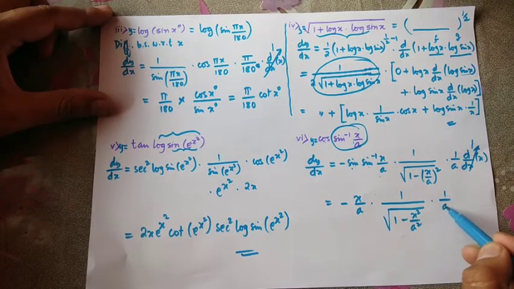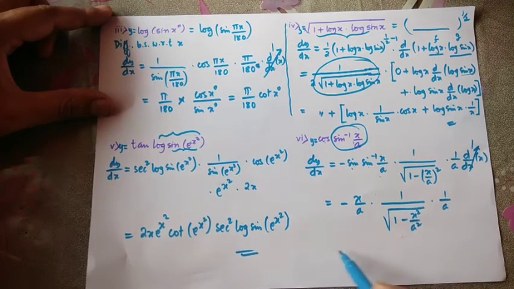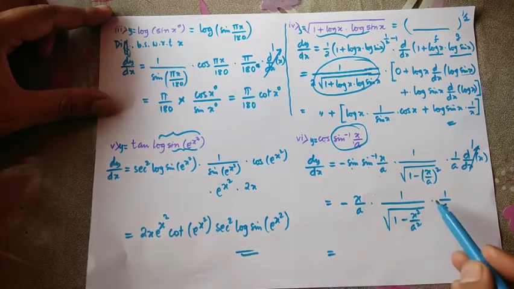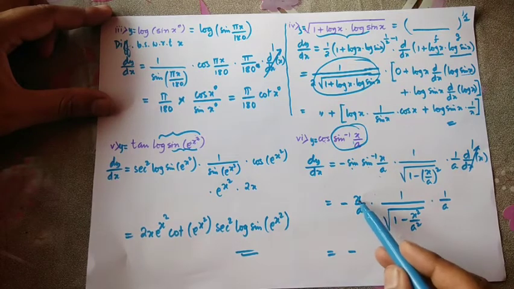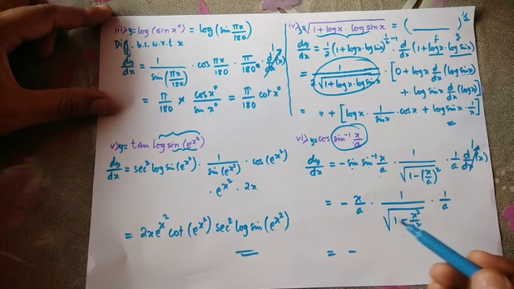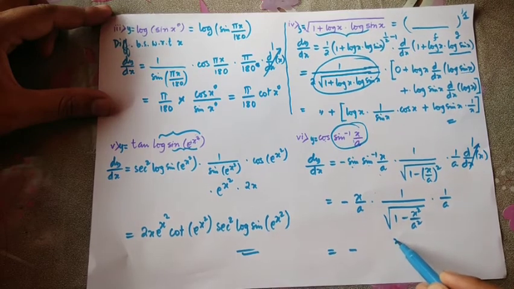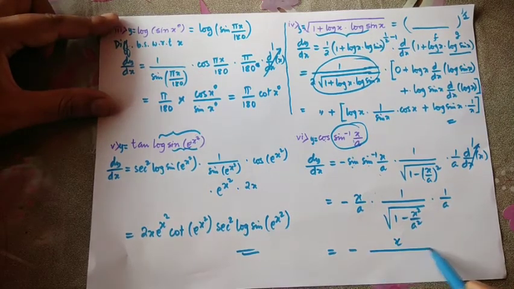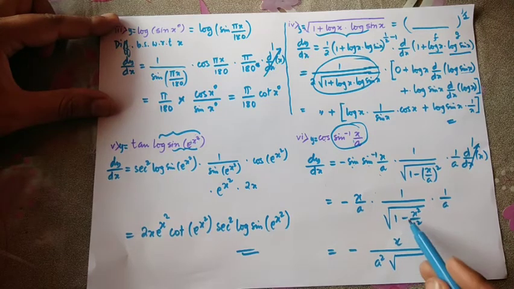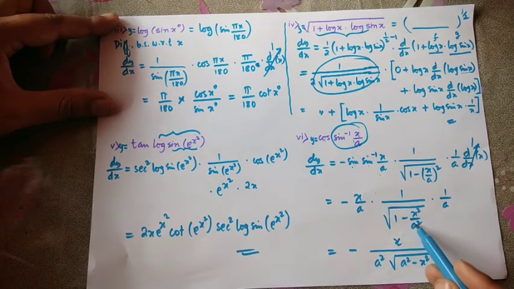Simplify this further, so you'll get minus, okay, x into 1 is x, into 1 is again x, right? We have a into a is a square. Now when you simplify this, you have a square minus x square, and in the denominator still will be having a square.